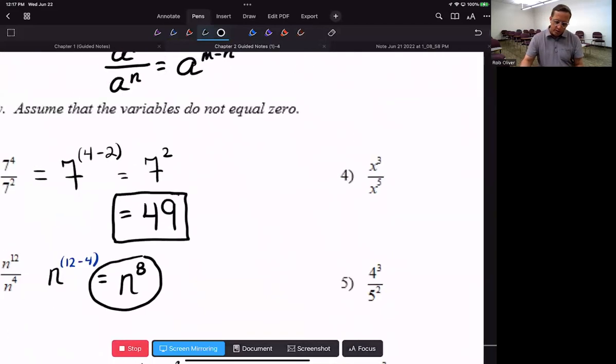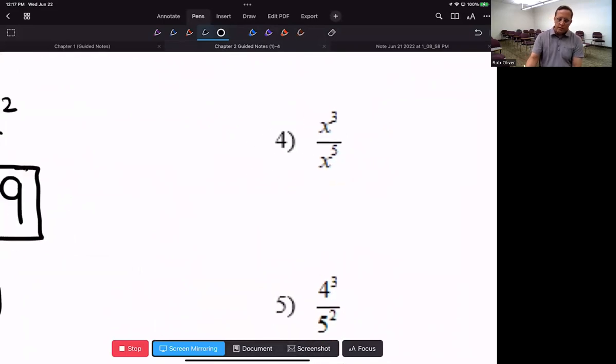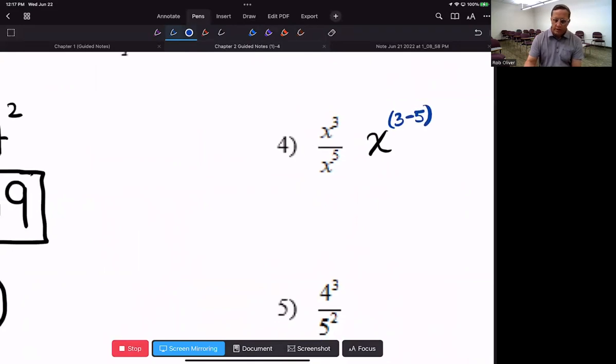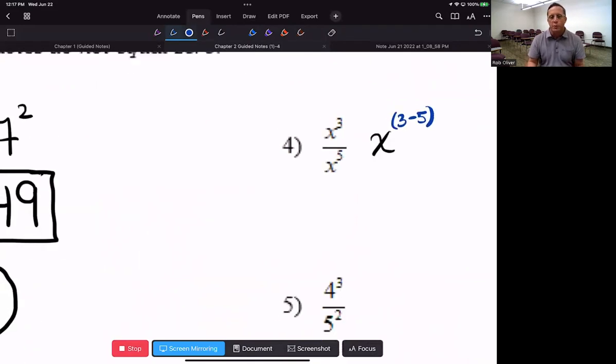All right, for number 4, if we do this one, we're going to have x to the 3 minus 5 power. Now 3 minus 5, this is our first example where we end up getting a negative exponent.